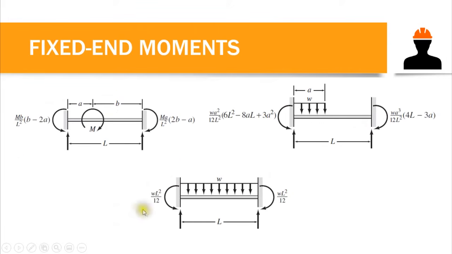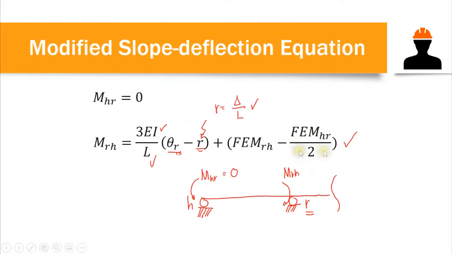But the most commonly used one is when we have a uniformly distributed load all throughout our beam, in which the fixed end moment is WL squared over 12 on both supports.